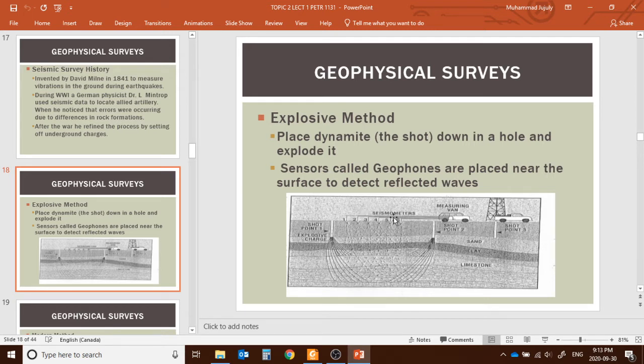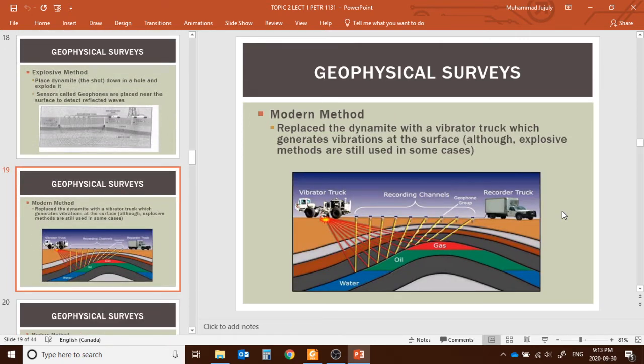We have sensors, which we call seismometers, and this vibration data is collected by the sensors. But the problem is it's not environmentally friendly, it creates a lot of panic, and it's also very expensive. So now we use a modern method.